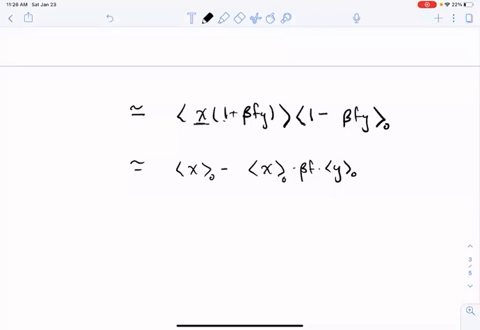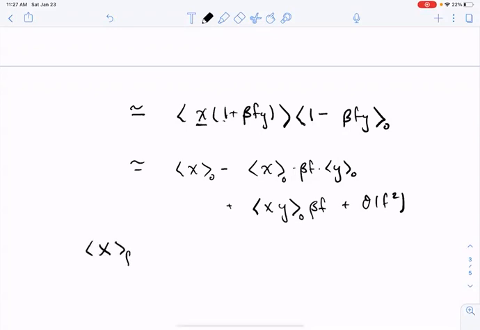I get a different cross term. If I factor that term, I get a plus x times beta f y, all in the same averaging bracket. And now this is good up to f squared.